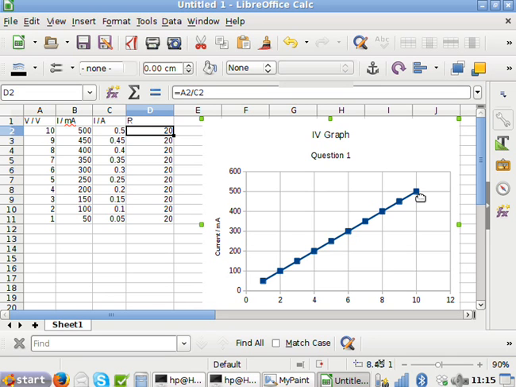So that's 0.5, 0.45. Do you see this? V over I. Sorry, you can't see because of this.